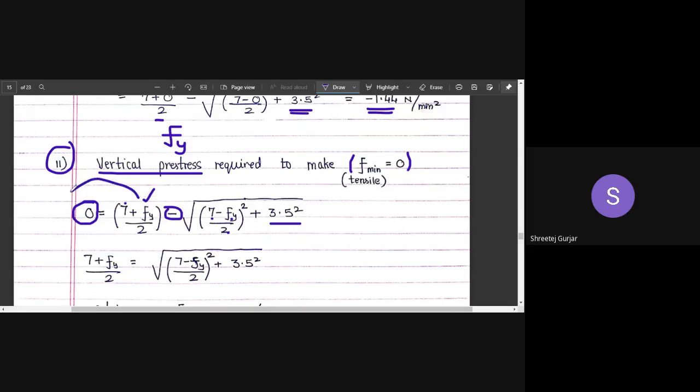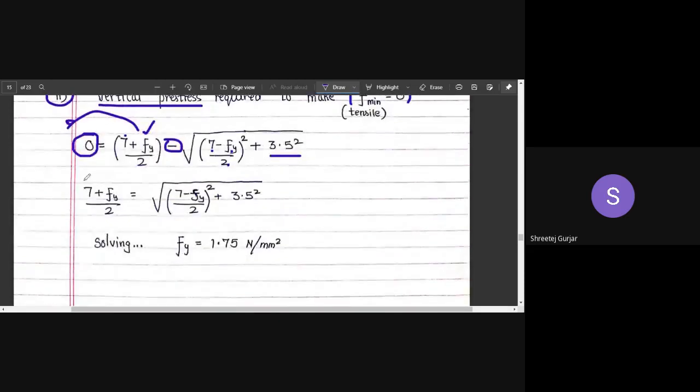So here, 7 plus Fy by 2 is equal to square root of 7 minus Fy by 2 the whole square plus 3.5 square. So you can solve this. I hope you are able to solve this. Manually you can solve, or you can use a calculator and directly solve this. After solving, this particular value of Fy is equal to 1.75 Newton per mm squared.